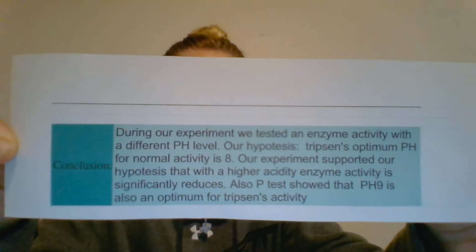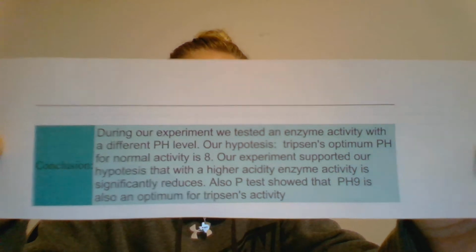And then this is the conclusion for our data. So essentially, during our experiment, we tested enzyme activity with different pH levels, and our hypothesis was that trypsin's optimum pH for the small intestine is 8, so we figured it would be optimal in this reaction as well.